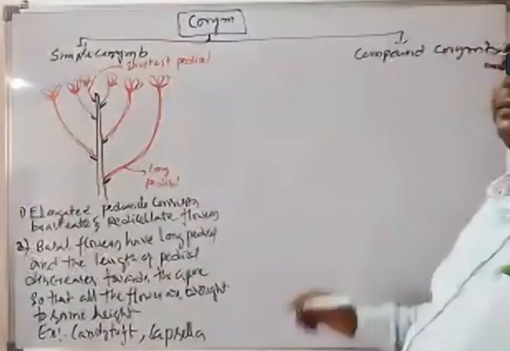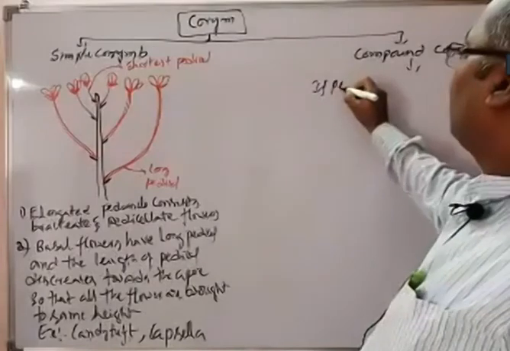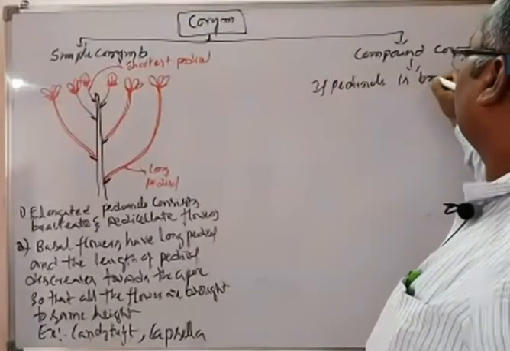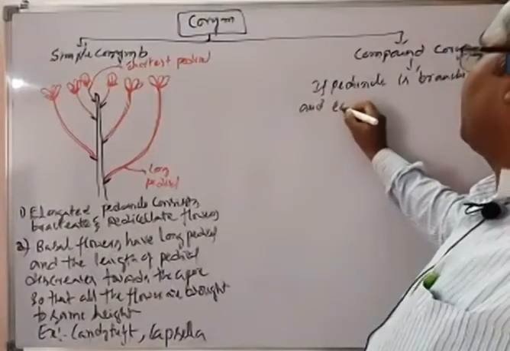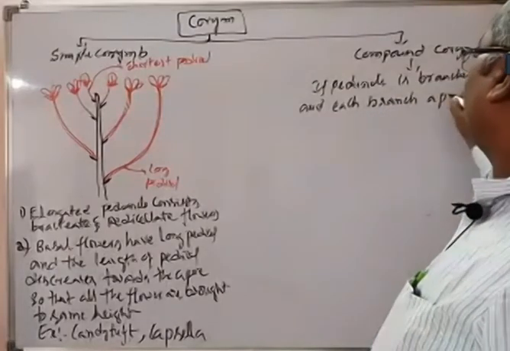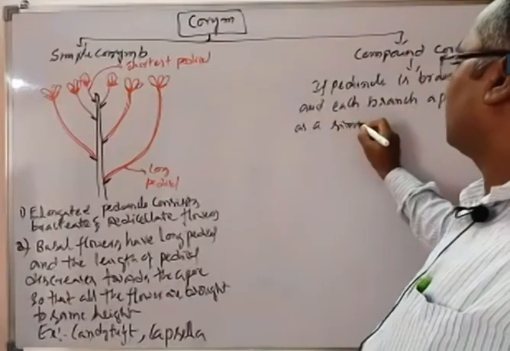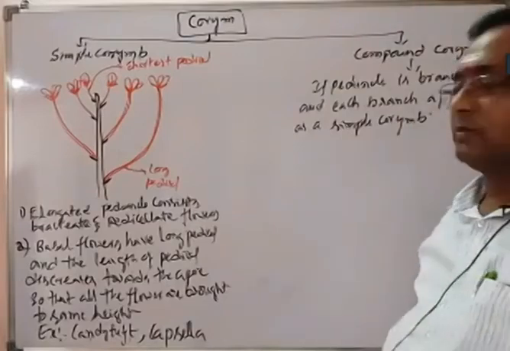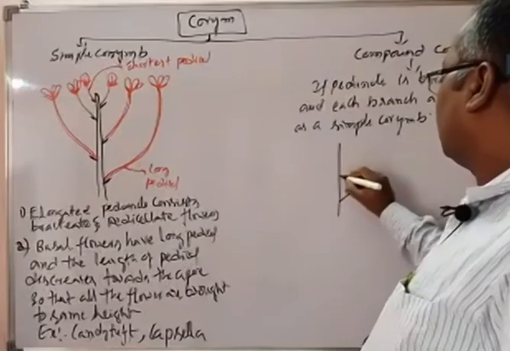Compound corymb. If the peduncle is branched and each branch appears as a simple corymb. This is the main peduncle, these are the branches.